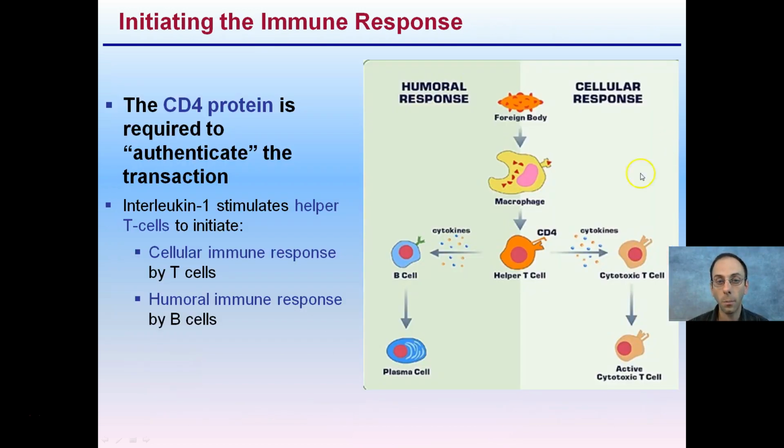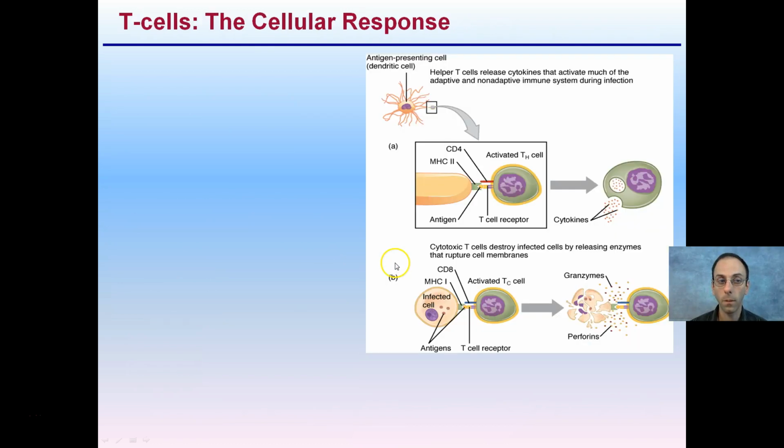Now, with our foreign body, and our macrophage recognizes that as a foreign body, the CD4 protein is required to authenticate this transaction. The interleukin-1 stimulates helper T cells to initiate two things. On one end, it's initiating a cellular response, which is carried out by the T cells, and a humoral response, which is carried out by the B cells that we see here.